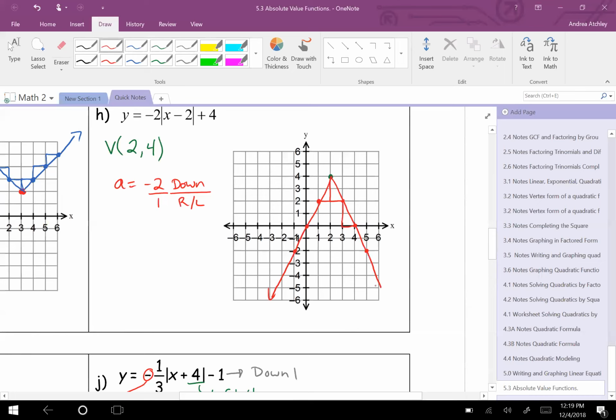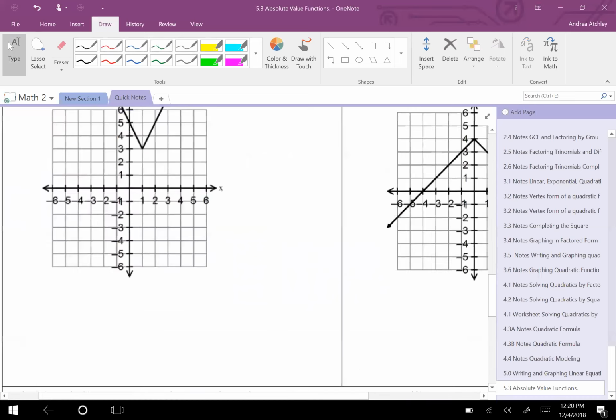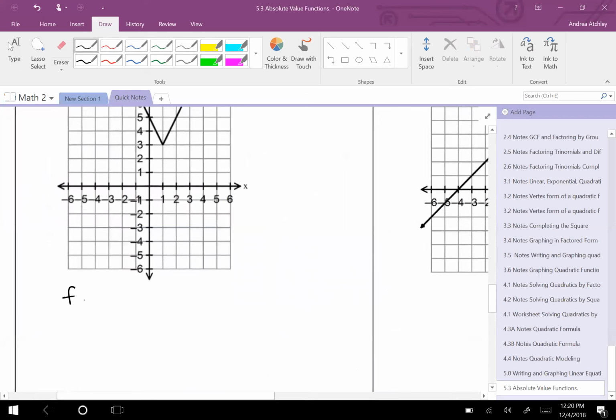Now, just like in our linear equations, I'm going to give you a graph and ask you to write the equation of it. So our formula for vertex form would be f of x equals a times the absolute value of x minus h plus k.